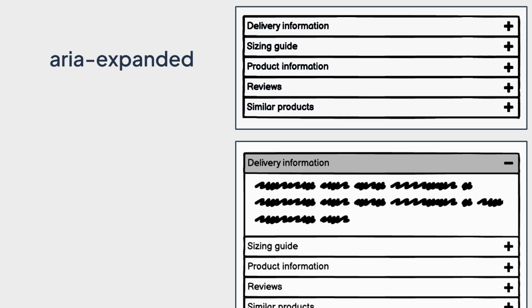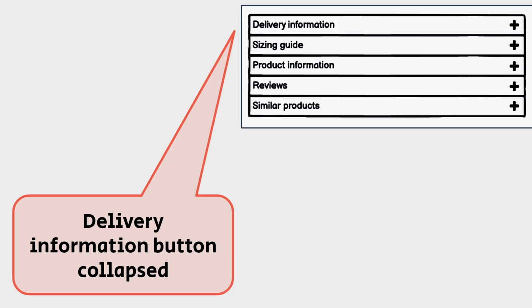ARIA expanded can help, so we can set this as true or false. And this attribute solves this problem that we had earlier with our accordion, with some content that appears and disappears at the click of a button. So before we'd added our ARIA expanded, as I mentioned before, we'd hear this button as delivery information button.